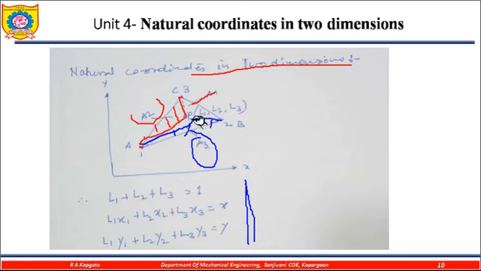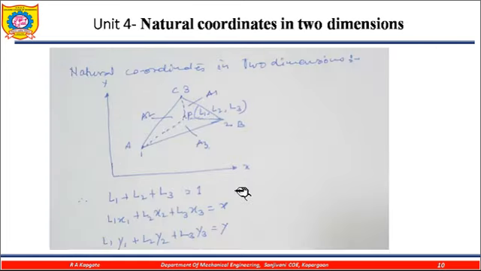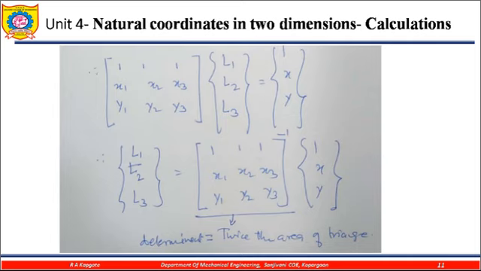So here this is the point called P, whose weightages or parameters are L1, L2, L3. Hence L1 plus L2 plus L3 is equal to 1. As before, L1 x1 plus L2 x2 plus L3 x3 is equal to x. In the same way along the y-axis, L1 y1 plus L2 y2 plus L3 y3 is equal to y. Whatever linear equations we have, we are converting into matrix form.